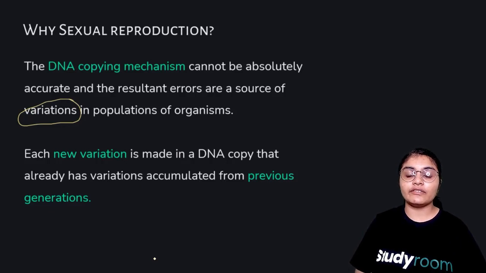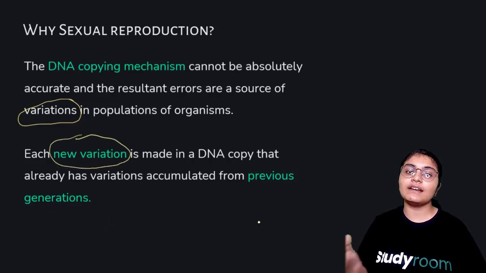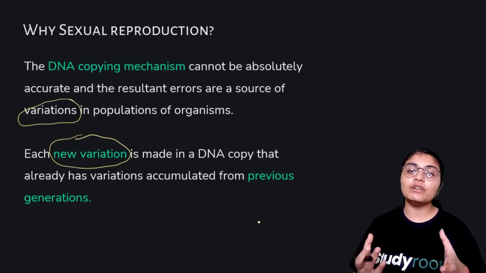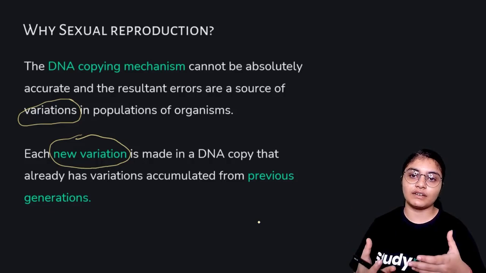Now, each new variation is made in a DNA copy that already has variations accumulated from previous generations. So these new variations occurring in every individual are a result of accumulated previous variations, generation by generation, right?